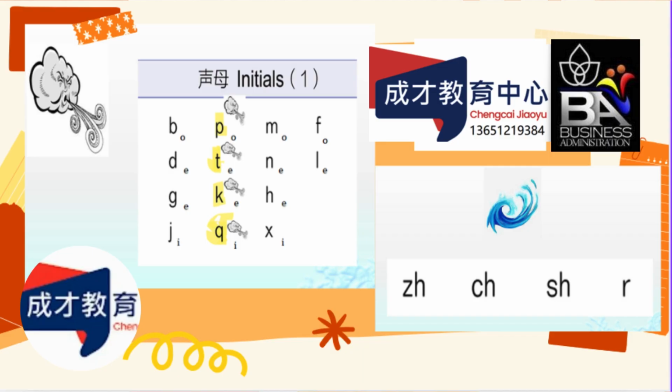And then next ch. 吃饭 eat. And then when we pronounce teacher 老师 and then R, I give you example. 热，很热, it means very hot.